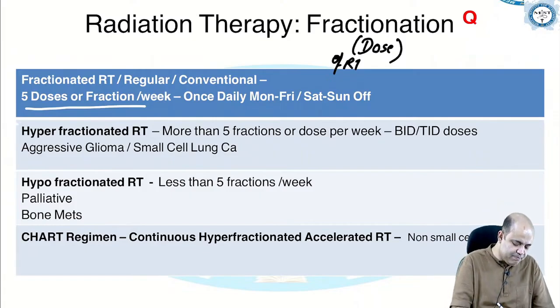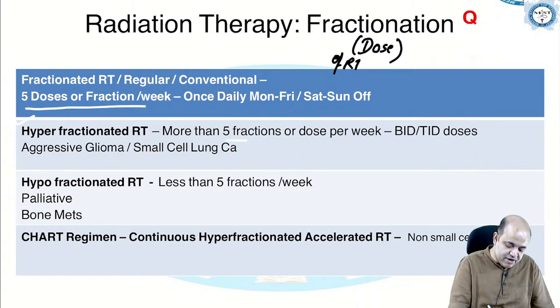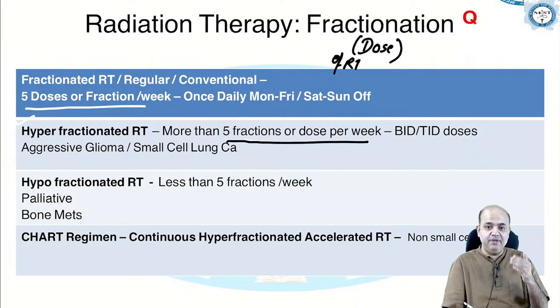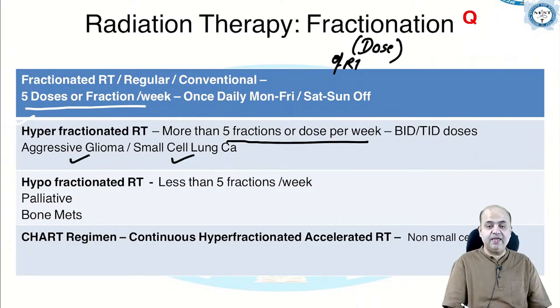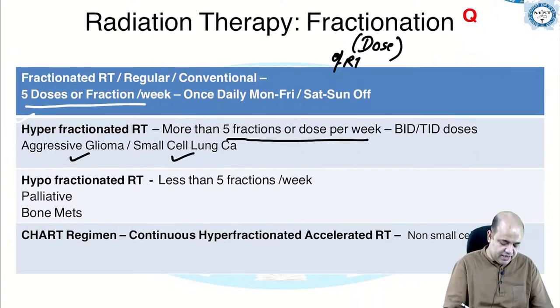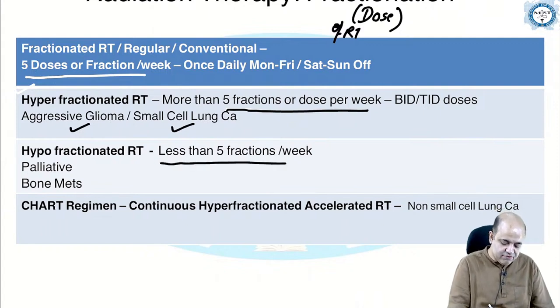Then we have hyperfractionated radiotherapy. Hyperfractionated means more than 5 doses are given per week, that means more than one dose is given in a day, BID or TID. It is used for aggressive gliomas and small cell cancers. Hypofractionated is less than 5 fractions per week.